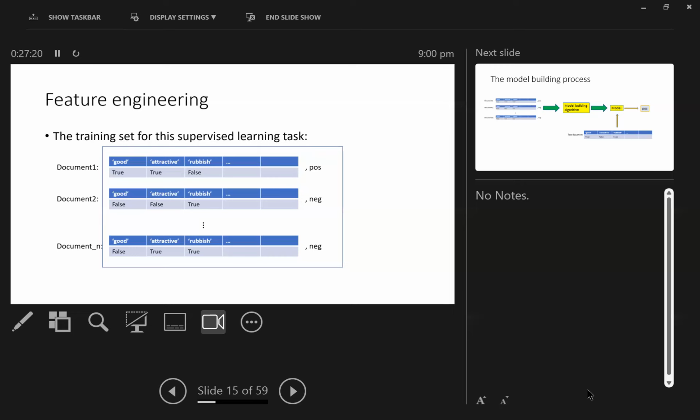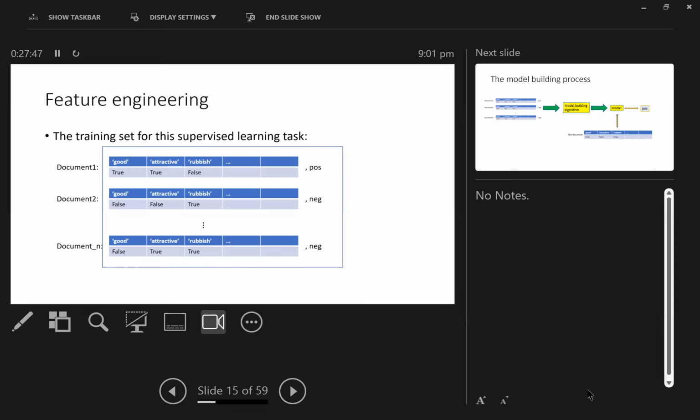One way to do that is not just counting the words, but instead each critic will be represented by the same set of words that include all the sentiment words, either positive or negative.